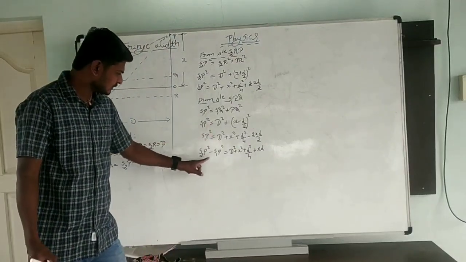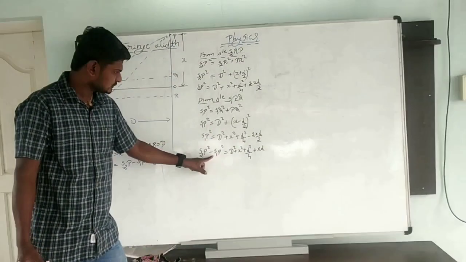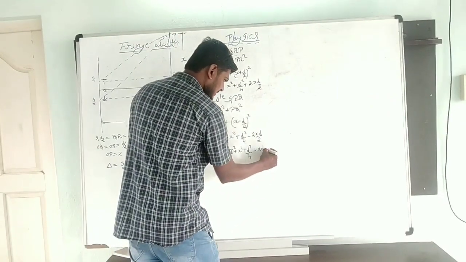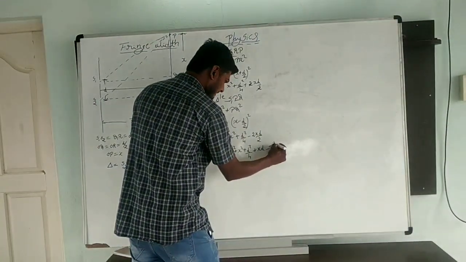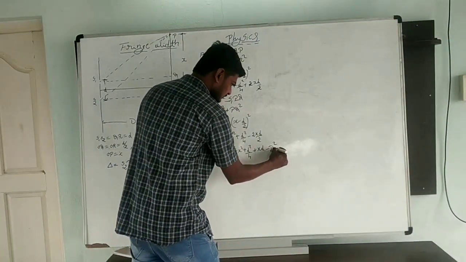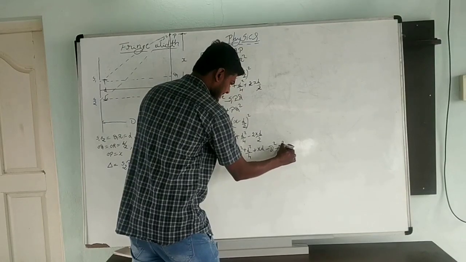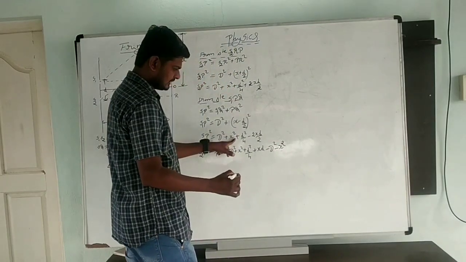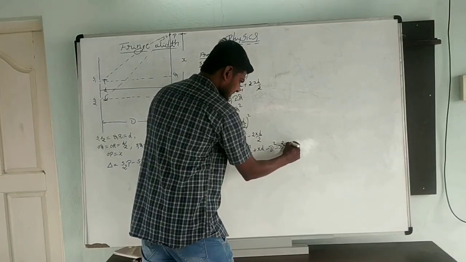Again minus S1P square: minus D square, minus X square, minus D square by 4, and plus XD.